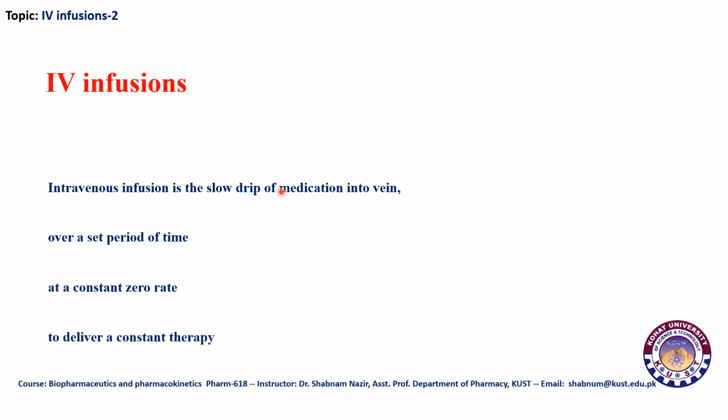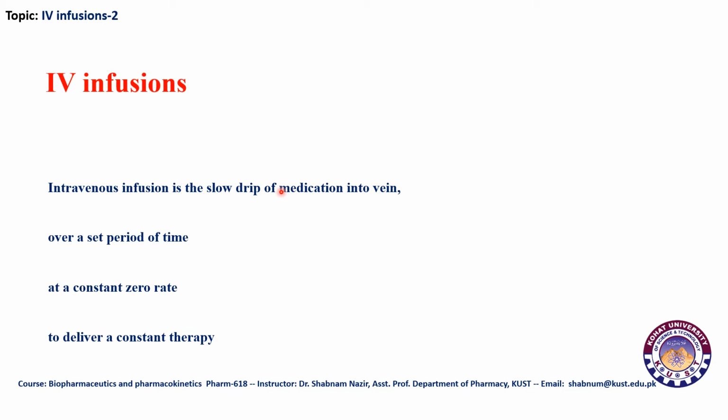So by all these things, what we actually want is to deliver a constant therapy. So what do we mean by a constant therapy? Constant therapy is the administration of the medication in low quantities at a slow rate at a constant zero rate, so that the constant therapy is maintained and the patient is getting the drug at a desirable concentration.